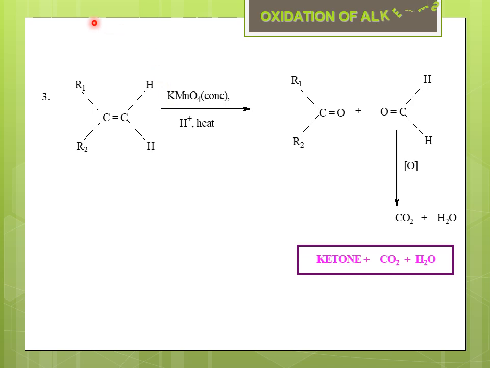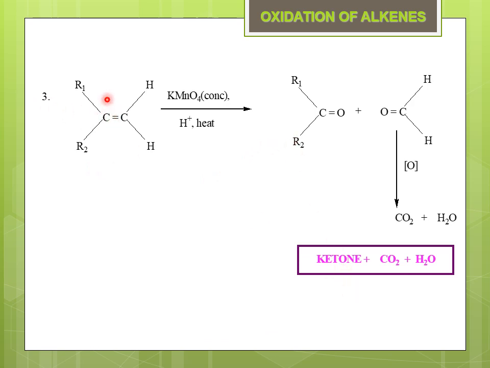Here is the third case. Since the oxidation of alkenes using acidic potassium permanganate depends on the structure of the alkene, let's look at the double bond over here. It has R1 and R2 on the left side, so it's going to produce a ketone.